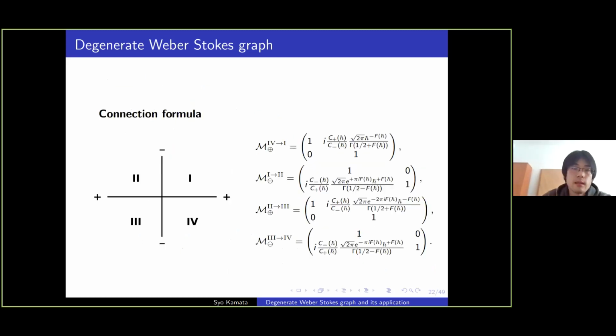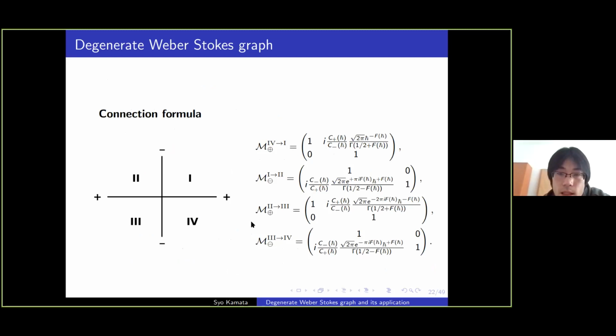Okay, so this is a summary of the connection formula. As I said, if we consider the cross, for example, from 1 to 1, this connection matrix is given by this.